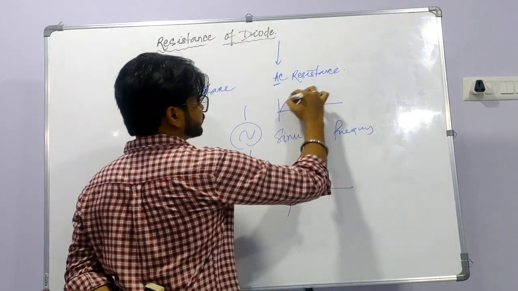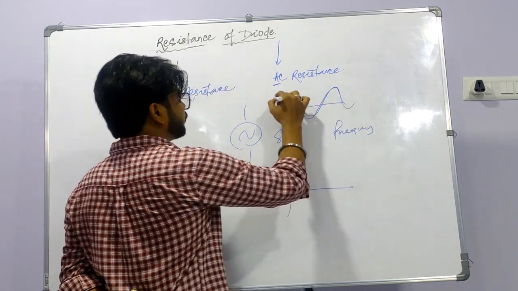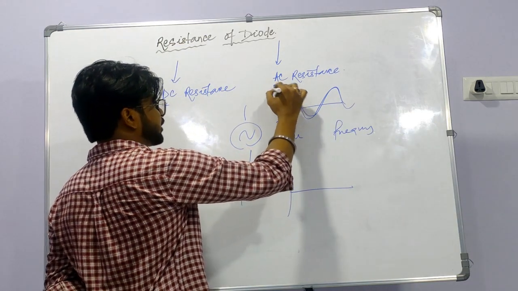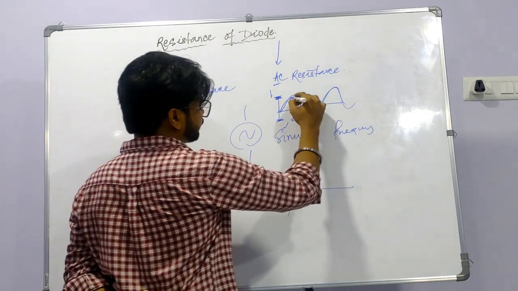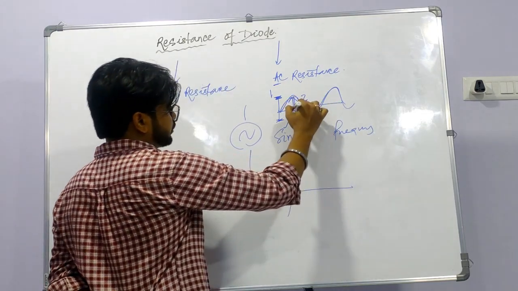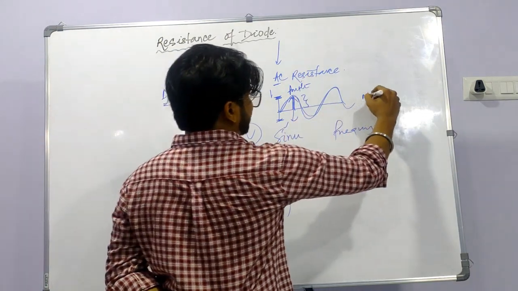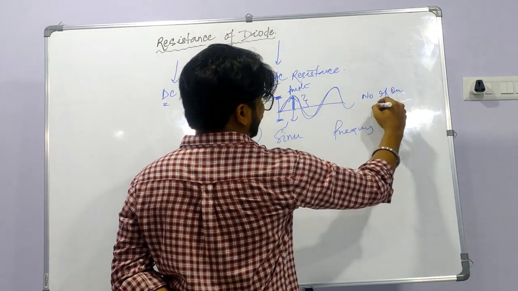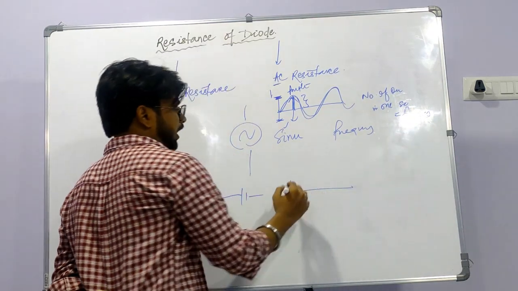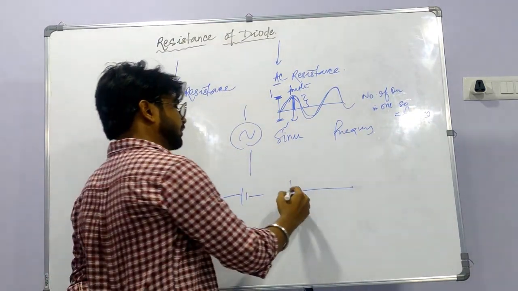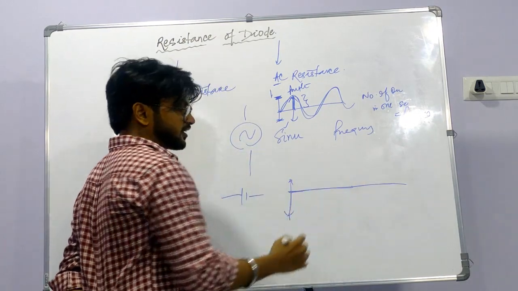The AC voltage oscillates from a higher peak value to a lower peak value, and this range is called the amplitude, and the number of oscillations in 1 second is called its frequency. But in case of DC, it has a particular constant voltage throughout the entire circuit.